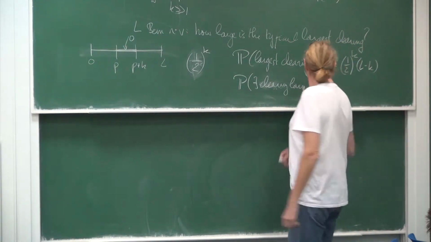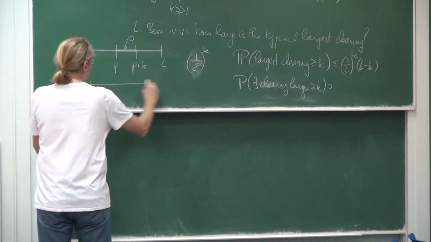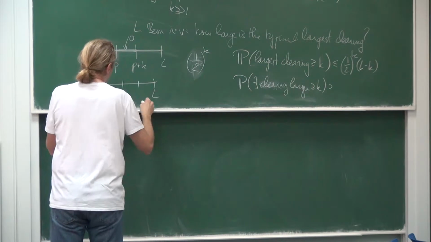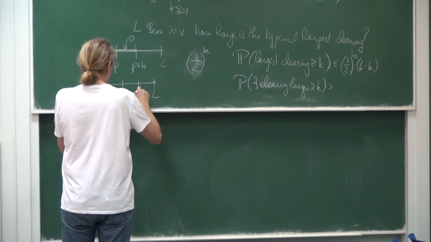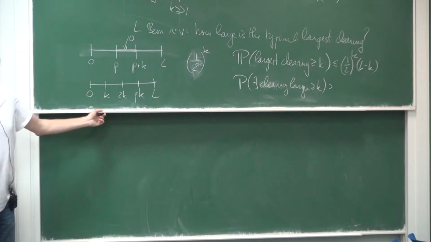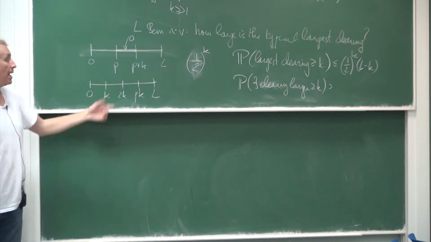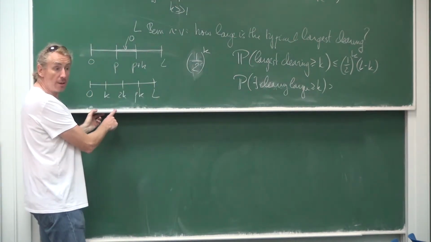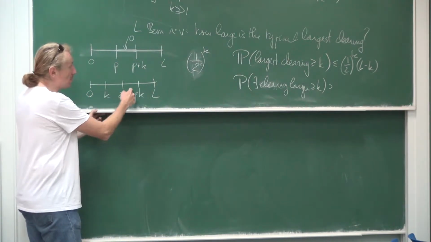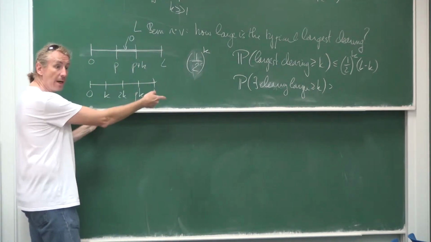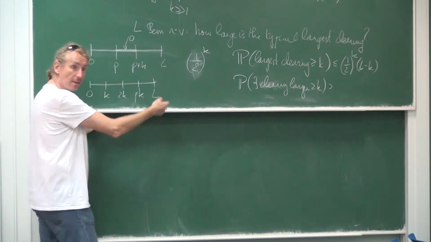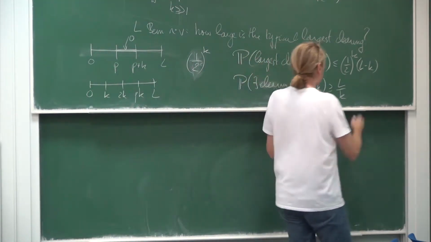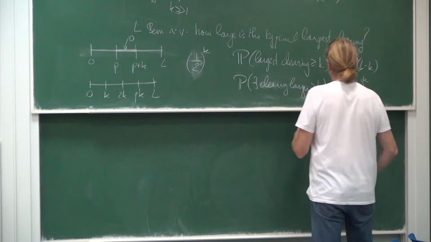Well, what I do is I chop 0 to L into intervals of size K. The probability that there exists a clearing larger than K is certainly larger than the probability that there exists one of these sequences where V omega is identically equal to 0, right? So it is certainly larger than L divided by K, times 1/2 to the K.